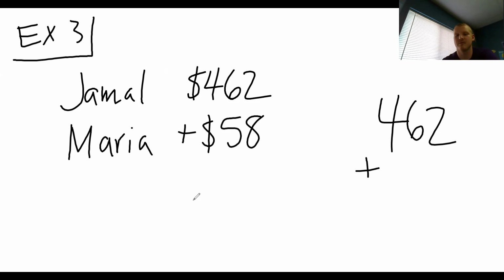So I'm going to take $462 plus $58. So Hope, what's 8 plus 2 going to be? Yep. So I'll put my 0 here, carry my 1. And then Hope, what's 1 plus 6 plus 5 going to be? You can always break it down. What's 1 plus 6 going to be?